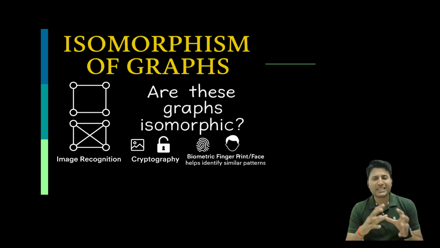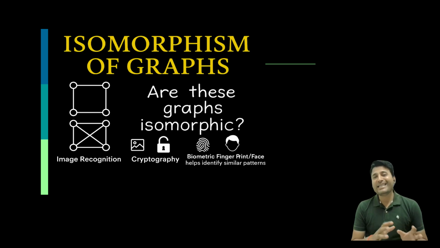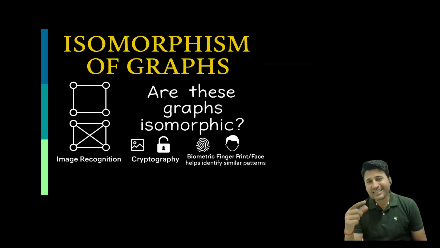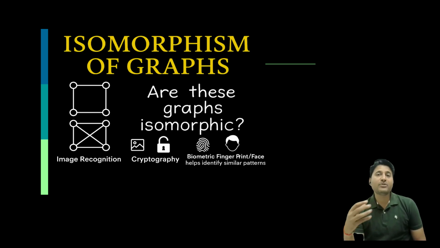Shape may differ, but if everything else between two graphs, two shapes, or two faces is the same, we call them identical graphs, shapes, figures, or faces. So isomorphic is used interchangeably with similar or identical, but not in terms of shape.